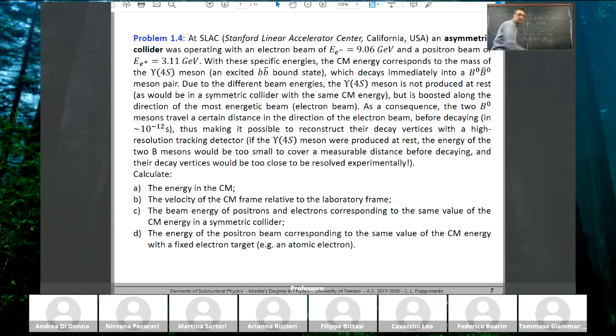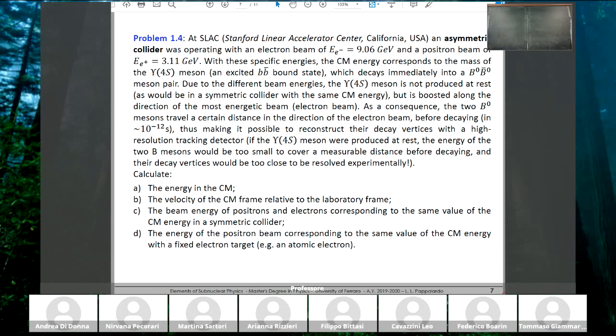Now let's move to point B. Now we want the velocity of the center of mass frame relative to the laboratory frame. Let me remind you that in special relativity we can always write momentum as gamma m beta c.